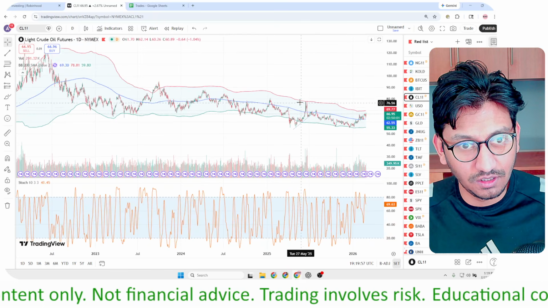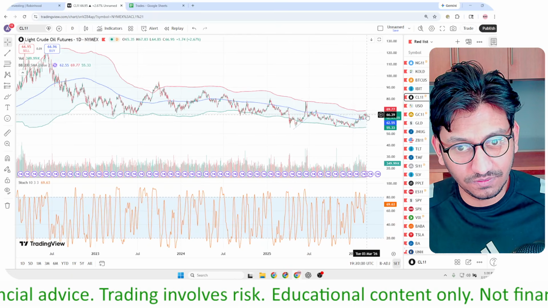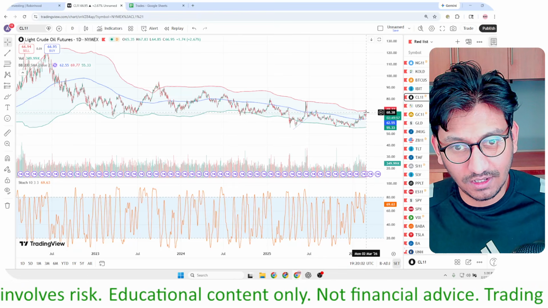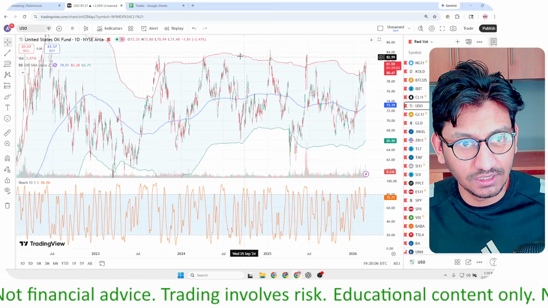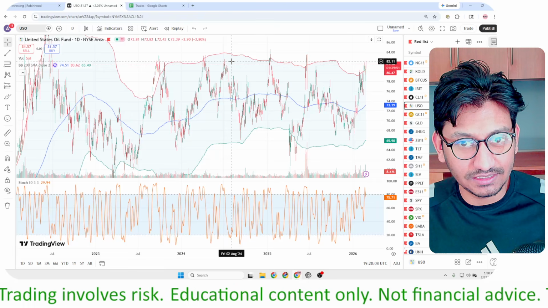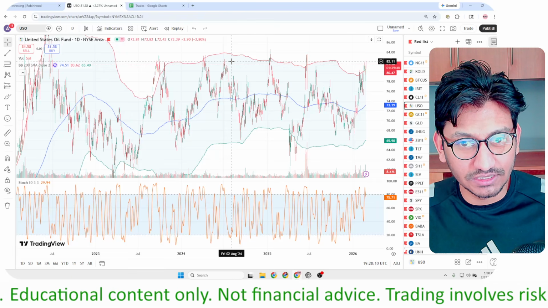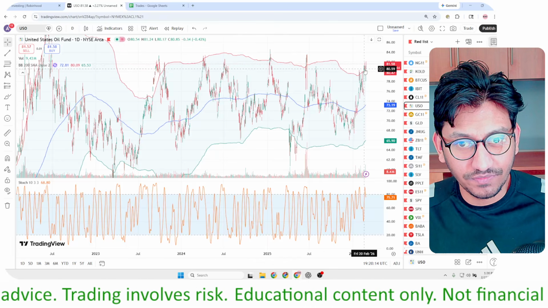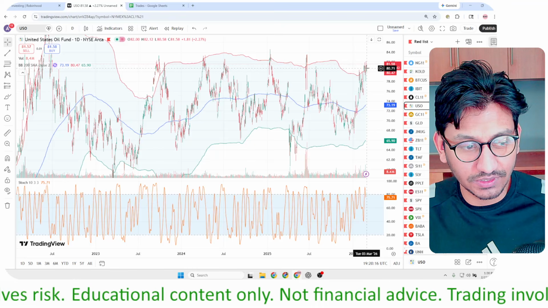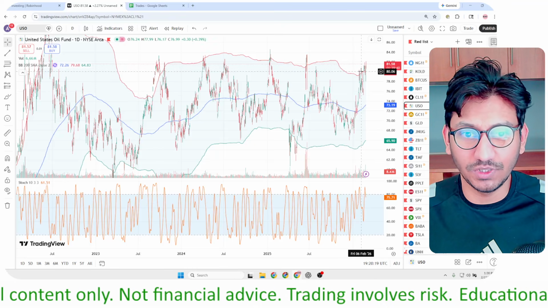But it was sort of at the top of the resistance. If you look at US oil, it's basically trading in this channel within this Bollinger Band, and it crossed the upper Bollinger Band, near the second standard deviation. So this is what I usually trade.